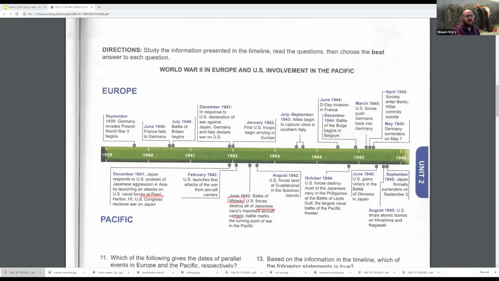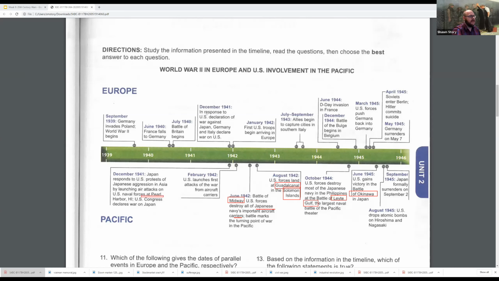Then they go to Guadalcanal and the Solomon Islands, which again is not Japan. They then go to the Leyte Gulf. So they're strategically getting closer and closer. Then they do the Battle of Okinawa, actually in Japan. So it was like step 1, step 2, step 3, and then Japan.